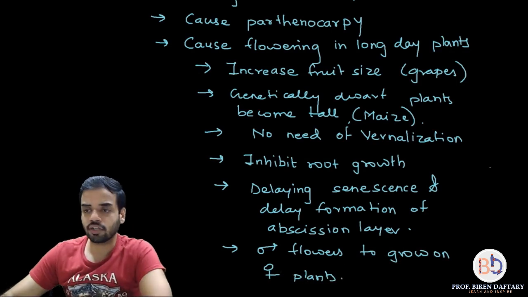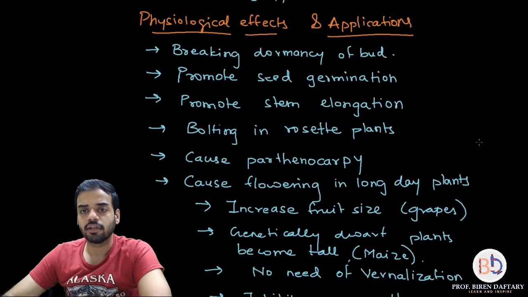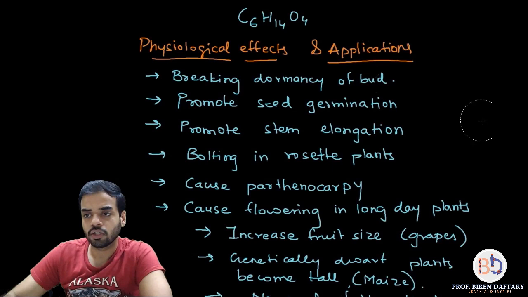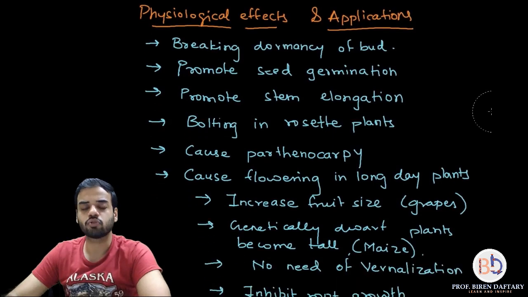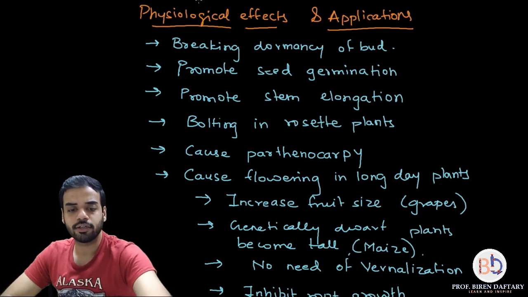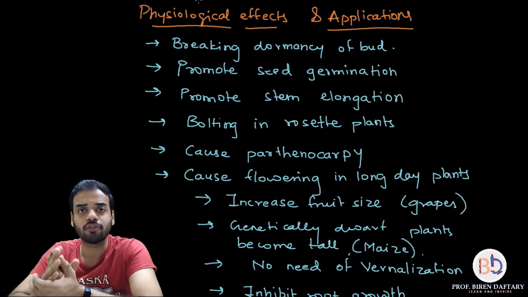Alright, so I've written down all the applications and physiological effects of the gibberellins. So let us just go through them and I will explain each one of them. So coming to the first point, they help in breaking dormancy of bud. Now what is a bud?